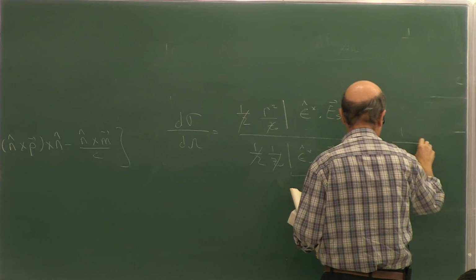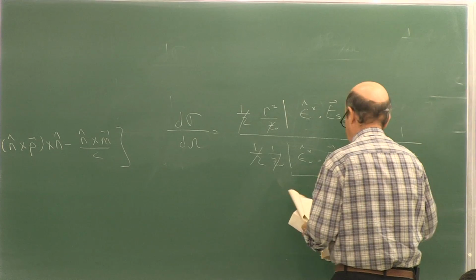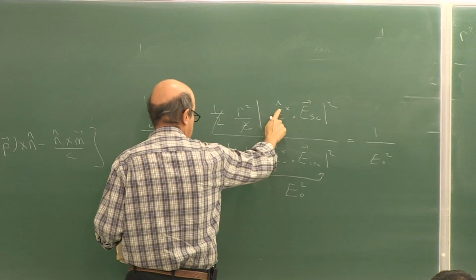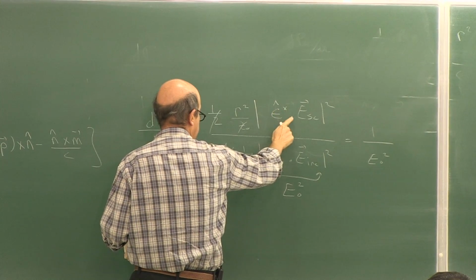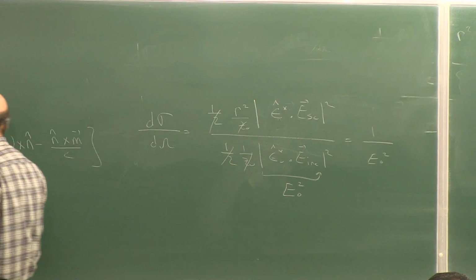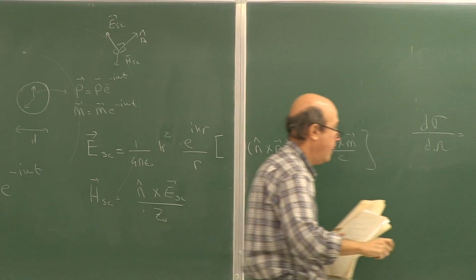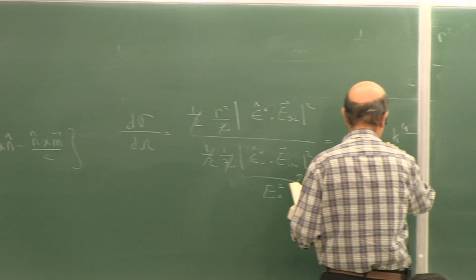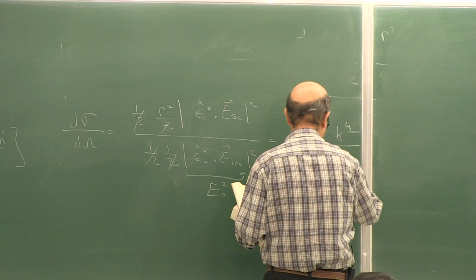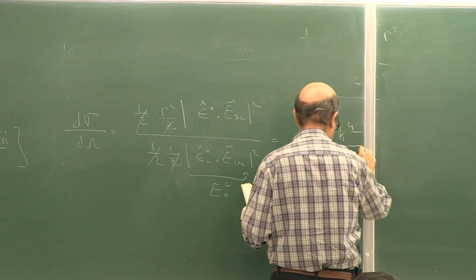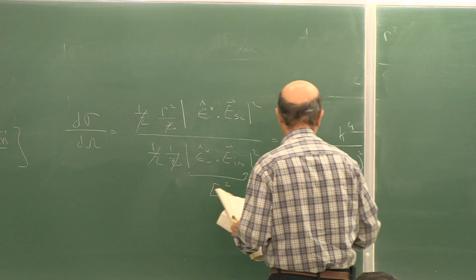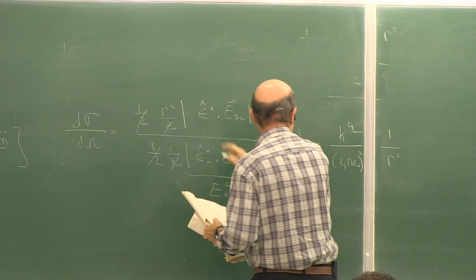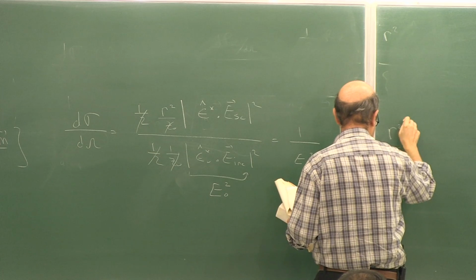You have 1/E0 squared from here, and the epsilon complex conjugate that is scattered, absolute square, you will have k to the 4 over the square of 4 pi epsilon 0, and 1/r squared, but that r squared will cancel with the other r squared.